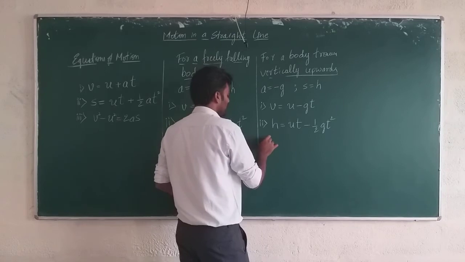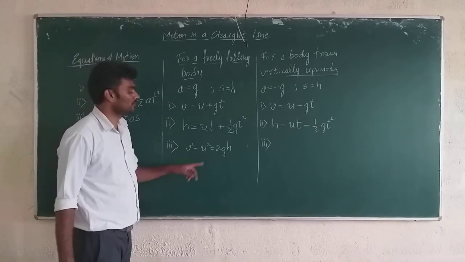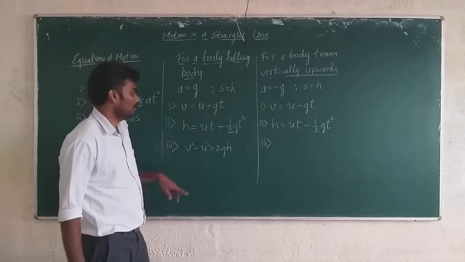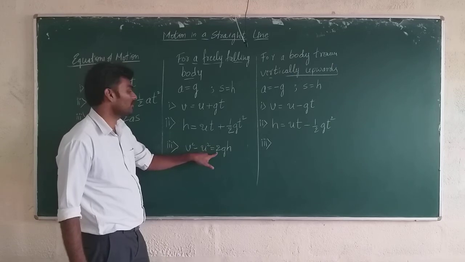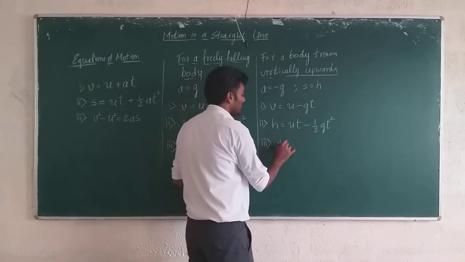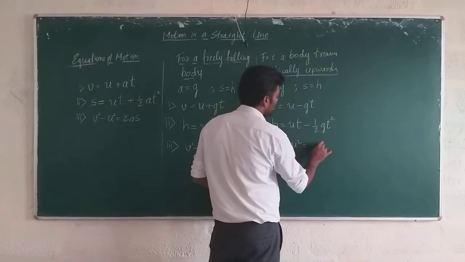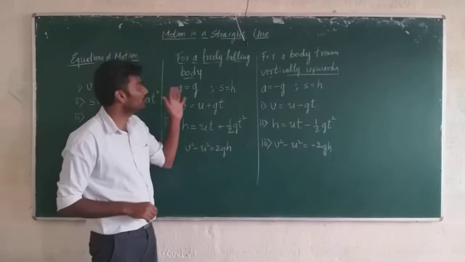And finally v squared minus u squared is equal to 2gh. Here it was plus 2gh, instead of that now it will be minus 2gh. So v squared minus u squared is equal to minus 2gh. Clear with the situation?